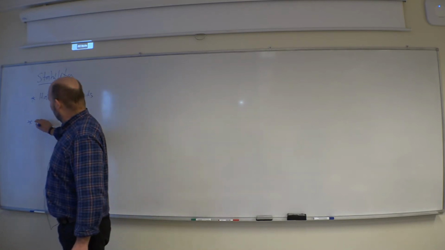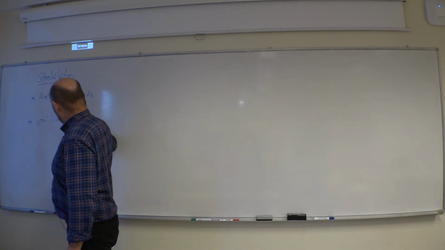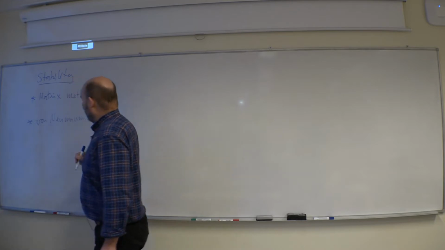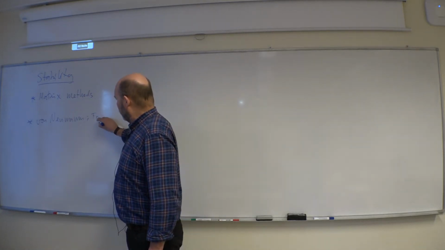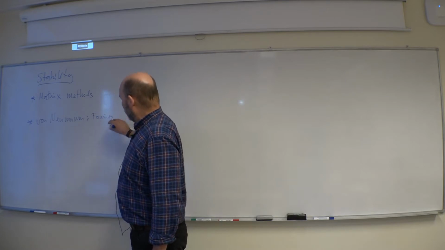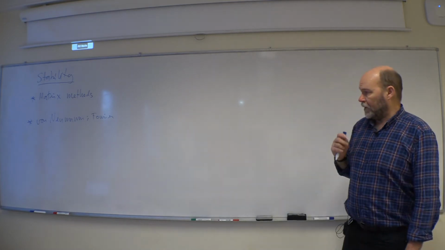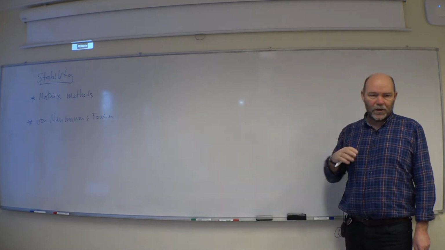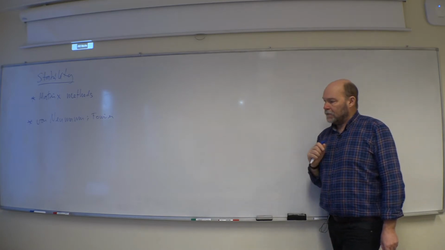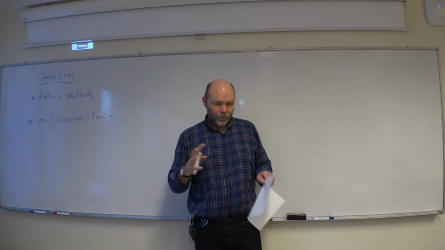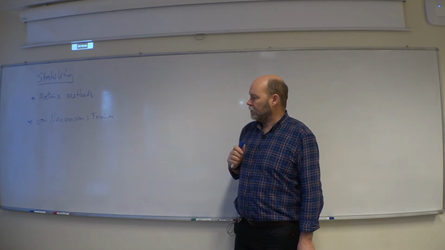Another famous one is von Neumann. That is using Fourier. So you say the error can be expressed as a Fourier series, and then you take one arbitrary wavelength and see how that error either decreases or increases depending on the choice of delta t.